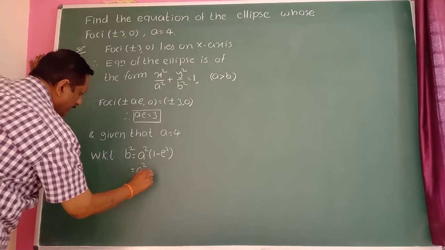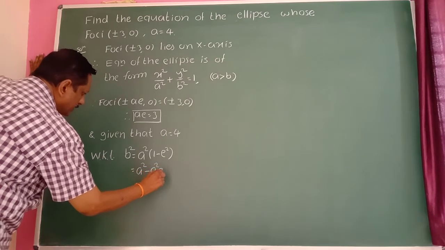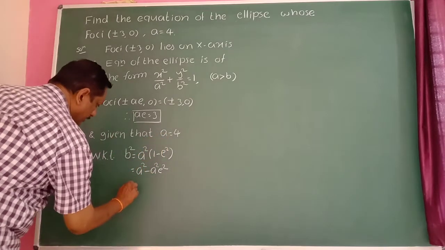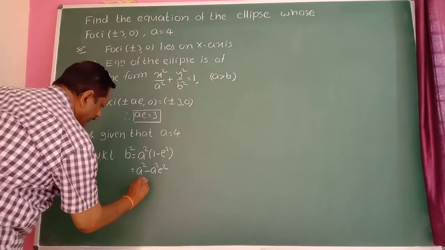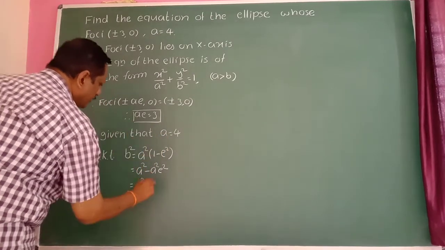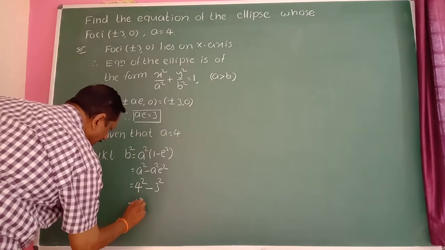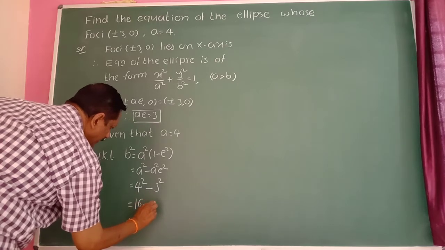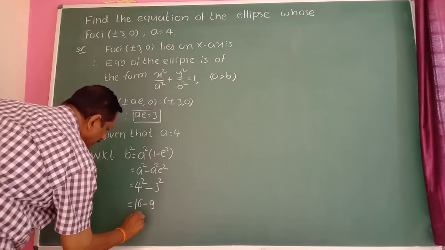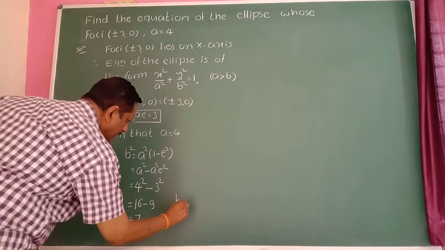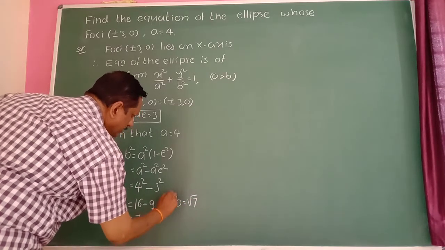Therefore a square minus a square e square, then a value 4, so write here 4 square minus a into e is 3 here, so 3 square. So 4 square is 16 here and 3 square is 9 here, it gives 7. So b square is equal to 7, then the b value is root 7 here.